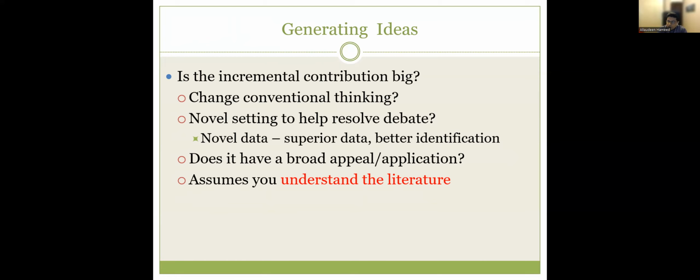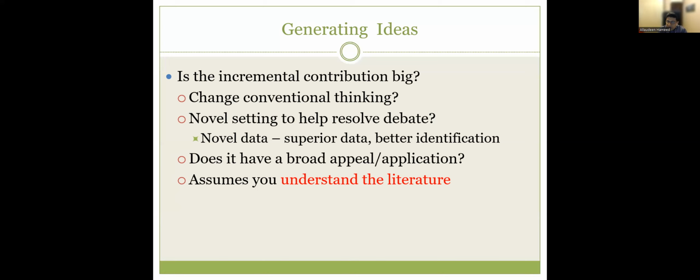And the setting can come from new, novel data, because your data has got superior quality, it's got more details that previously people were not able to employ. Or maybe you have data that involves some exogenous shocks that gives you better identification, right? These are important contributions that help us sharpen our knowledge of finance.